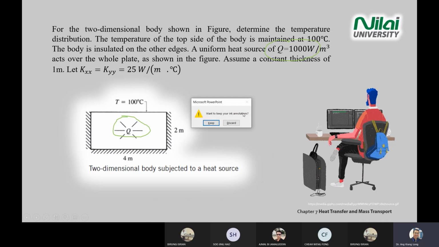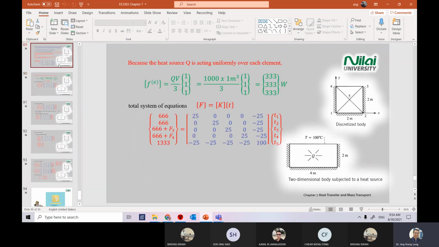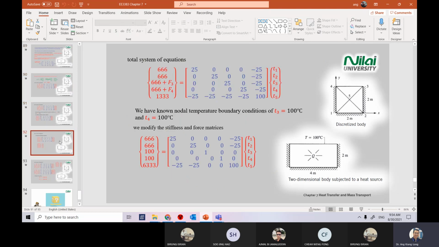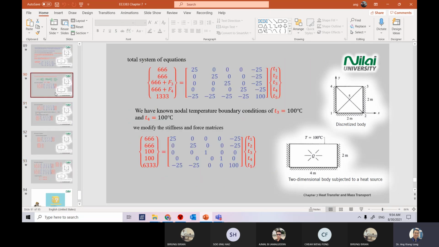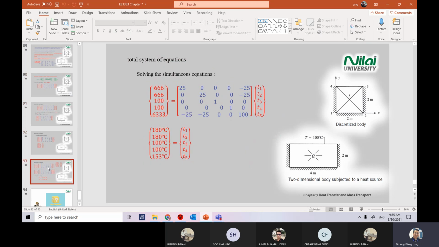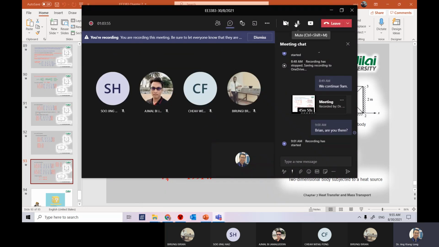I expect you to go through the PowerPoint slides. The steps are quite direct. If you read and don't understand, you can come back to me during the revision week. From there you can find the forces of that missing part. With this I end the lecture.